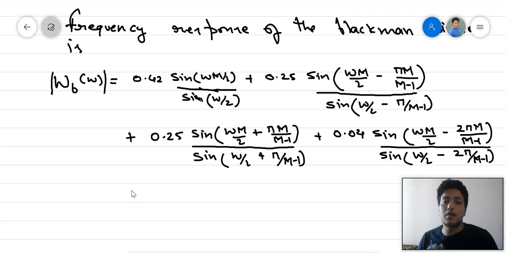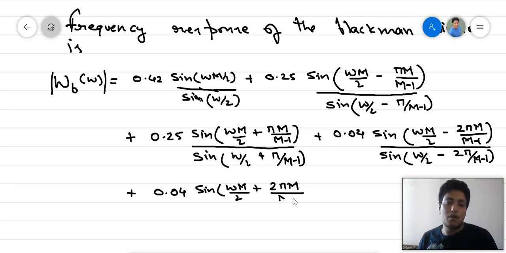And then the final term of the equation is 0.04 sin(omega M by 2 plus 2 pi M over M minus 1) upon sin(omega by 2 plus 2 pi by M minus 1).